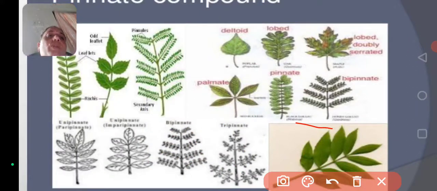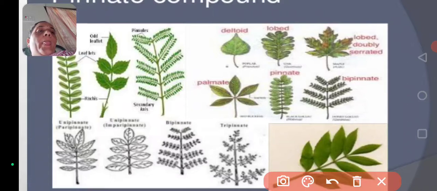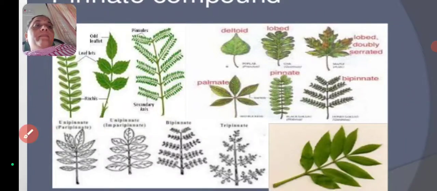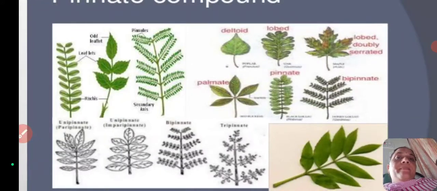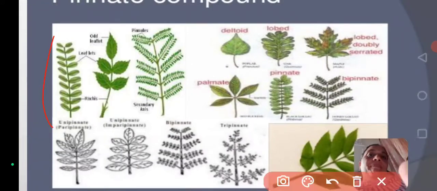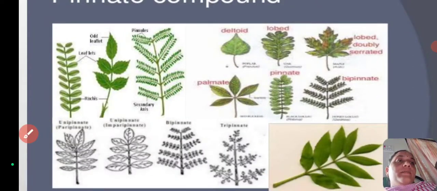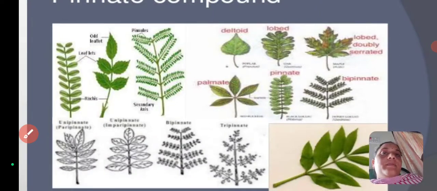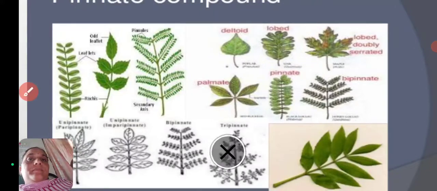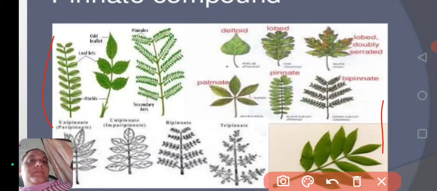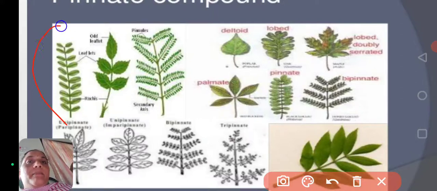And here one important part is there, that is important terminology: paripinnate and imparipinnate.